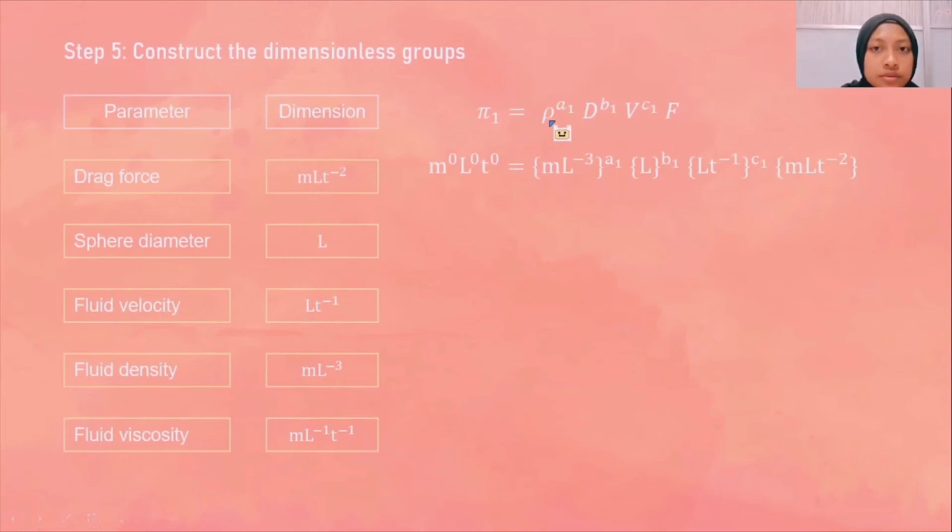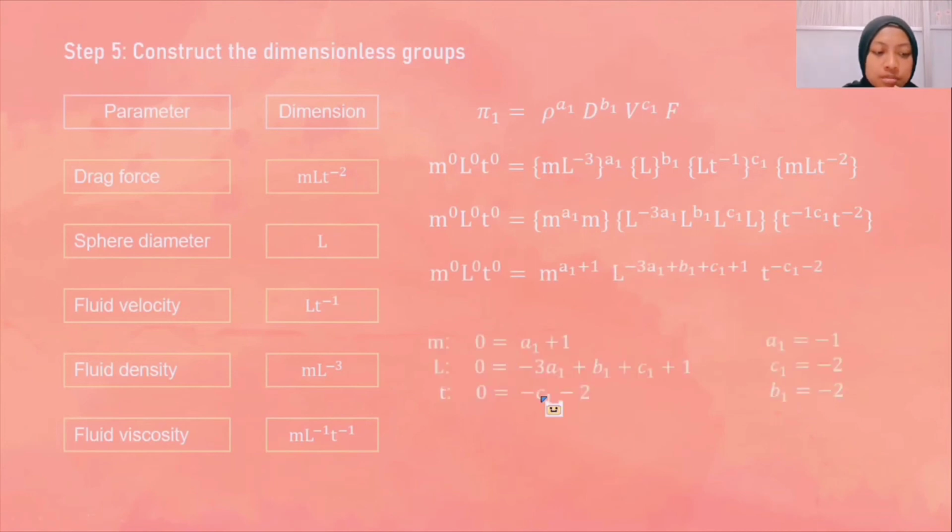Rho is ML power negative 3, power a1, and we replace d with its dimension, v with its dimension, and F with its dimension. We rearrange this by dimensions and then sum up the power for each dimension. We obtain three equations with three unknowns. These equations can be easily solved.